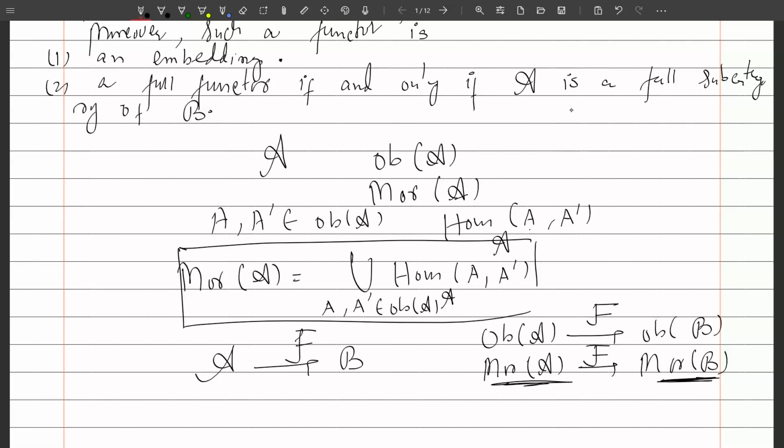I mean, if we have two morphisms, say F and F prime, in category A.